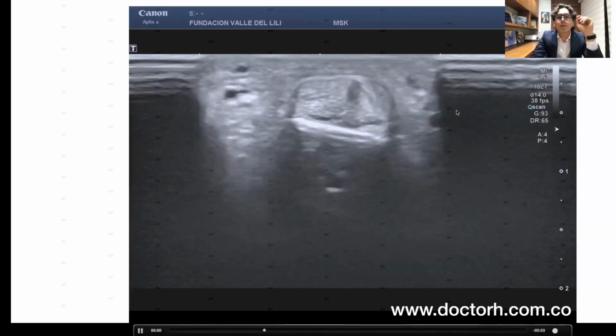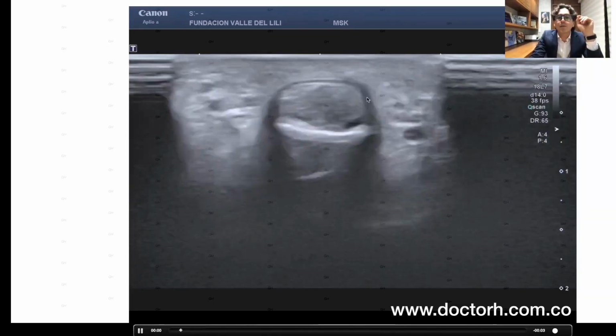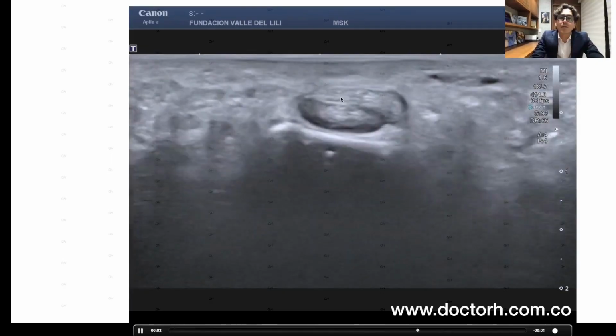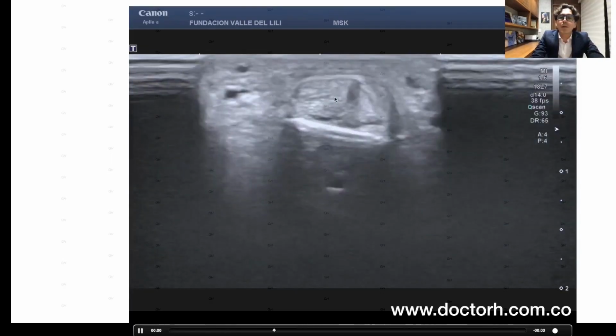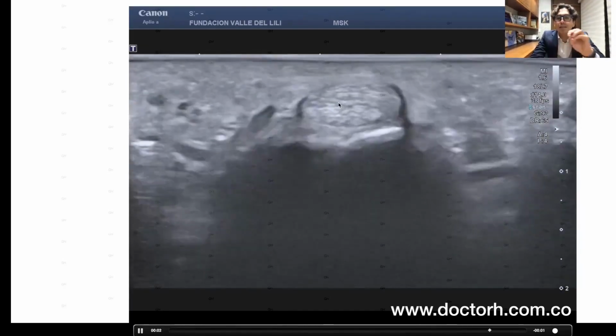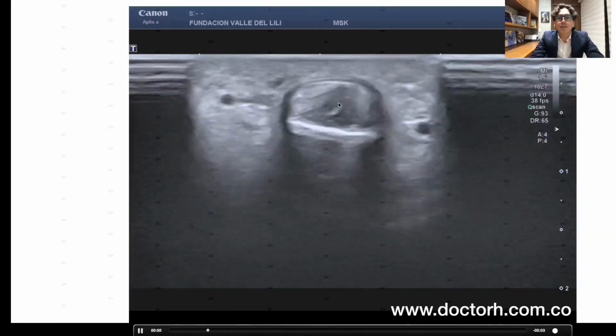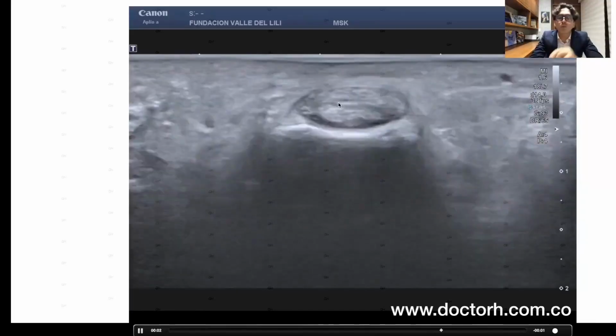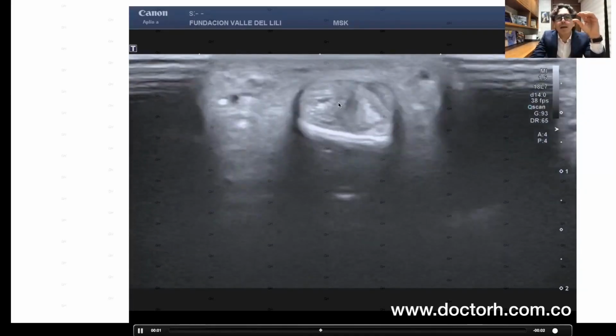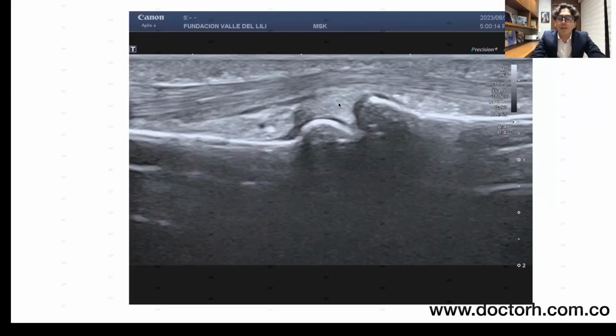Let's take a closer look here. Look at the pattern of tendons in transverse view, salt and pepper, very well organized, dense images, alternating with anechoic images. The organization of this structure, which is very similar to histology, is what will later allow us to differentiate whether this is normal or pathological.